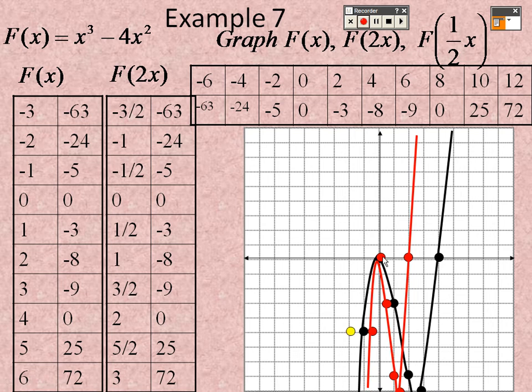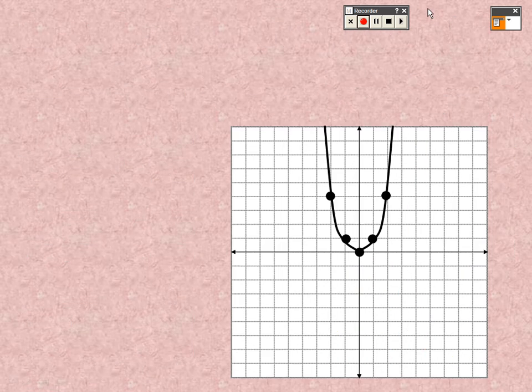So this is now like saying go over -2 and down -5, go over 0, 0 still, go over 2 and then down 3, go over 4, down 8, 6 is down there, 8 is 0. So all it did was stretch everything out. Okay, so the key here is dividing your x by that number, and that'll give you your new set of points.